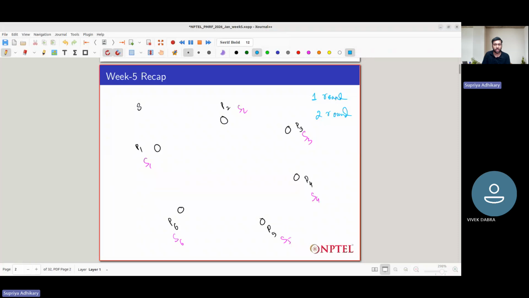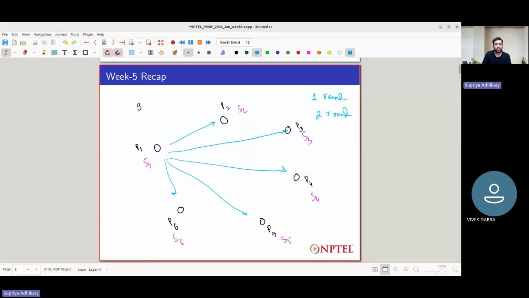If they just want one round, meaning in just one go they share everything and they don't want to communicate anytime soon, so that is the only communication they need to do. That is round one. So what they can do is that P1 can send his share to each and every one of the other parties.